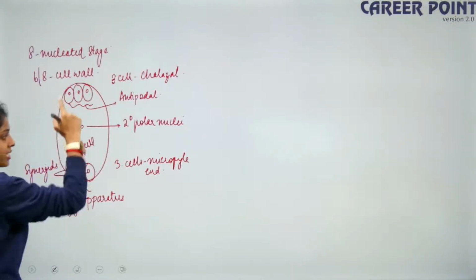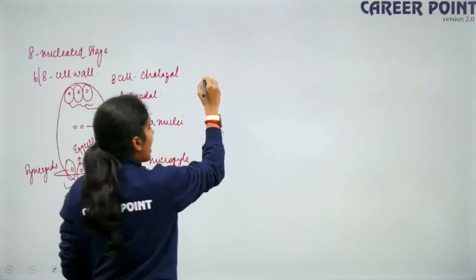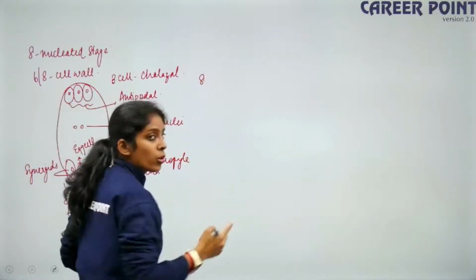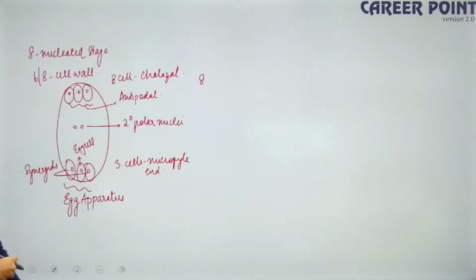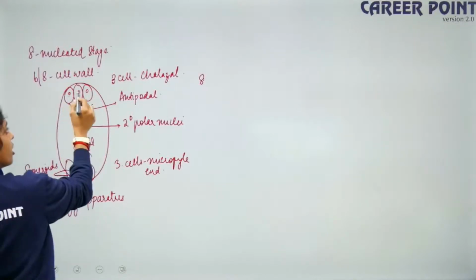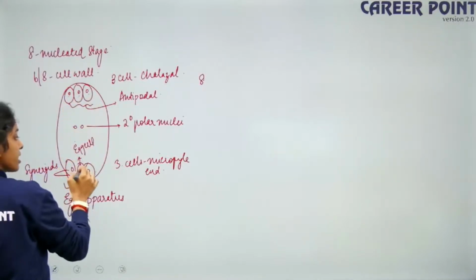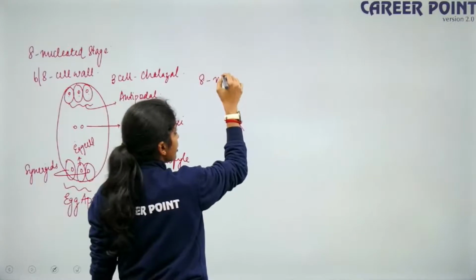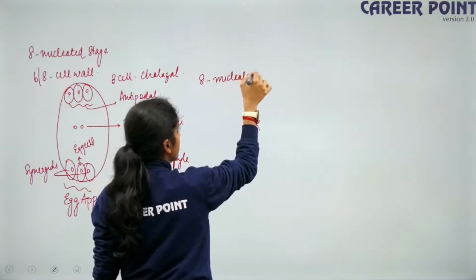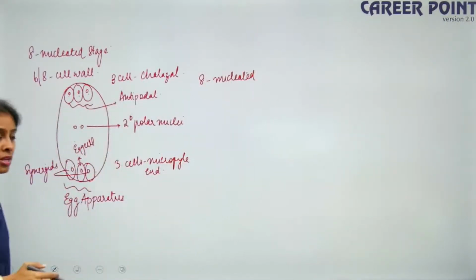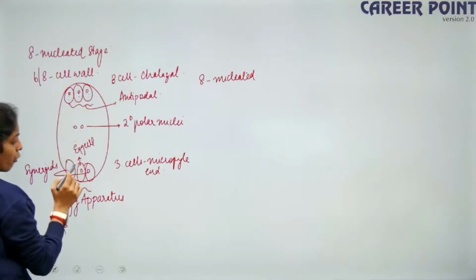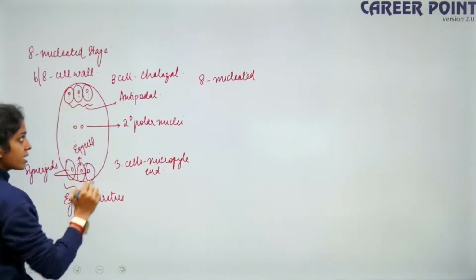So this entire structure is how many nucleate? It is 8 nucleate: 1, 2, 3, 4, 5, 6, 7, 8. But how many cells are there? 1, 2, 3, 4, 5, 6 and this entire one.